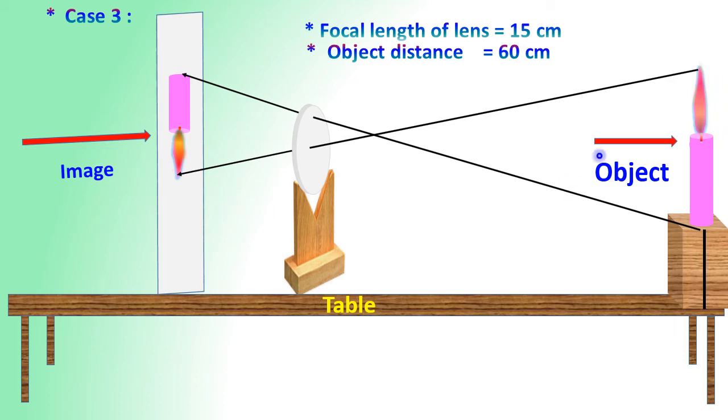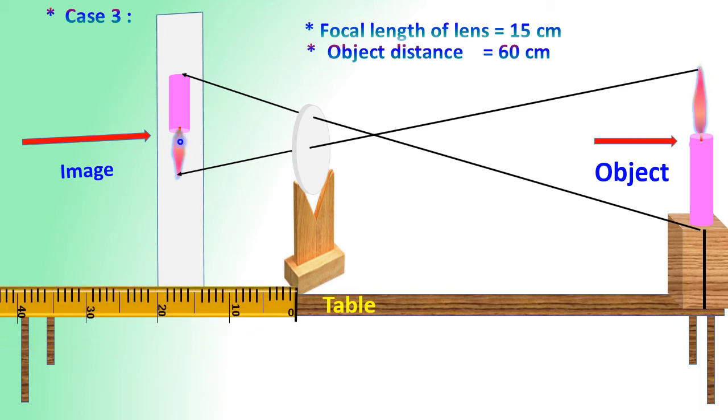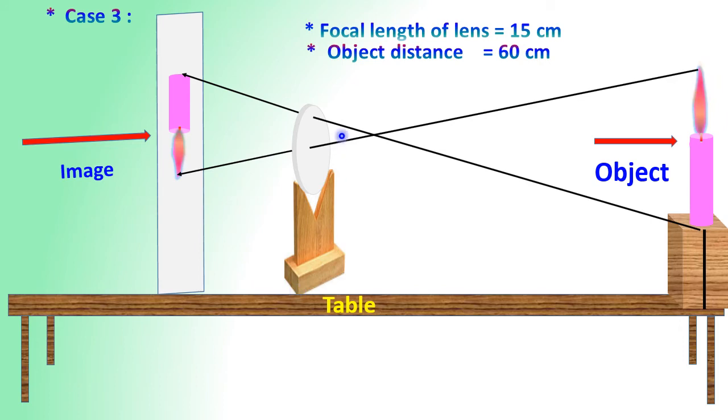I take a ray from the top of the candle and another ray from the bottom of the candle, just to locate the position of the image. Here is the image, and let us measure the distance of the image. The distance of the image here is 20 centimeters. Image distance equal to 20 centimeters.